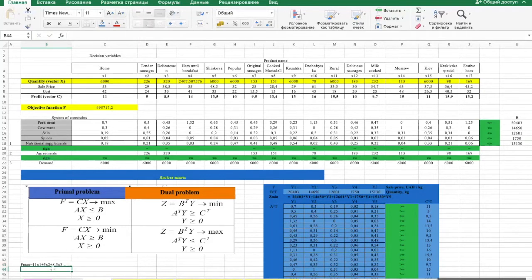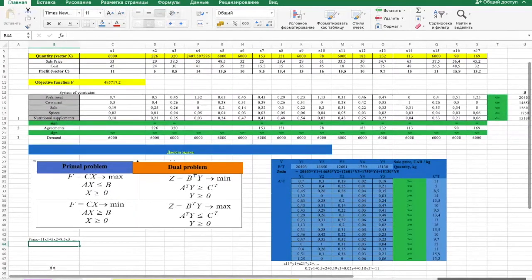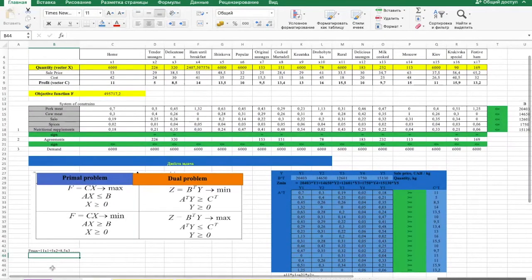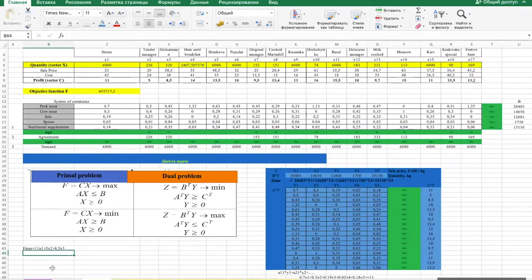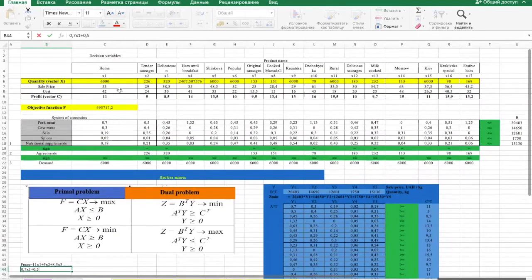and then you also need to write the system of constraints. How can you define the first inequality for pork meat? 0.7, 1, plus 0.3. No. 0.5. 5.5, because it is related to x1, x2, x3, x4.